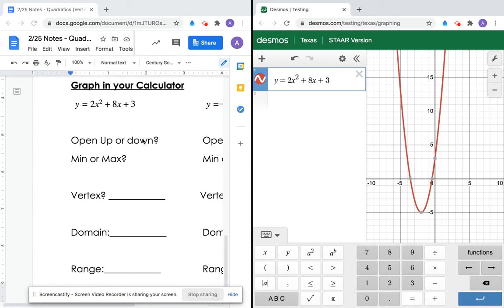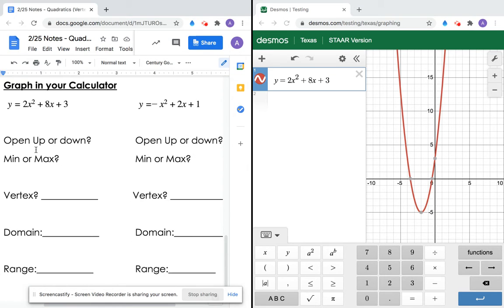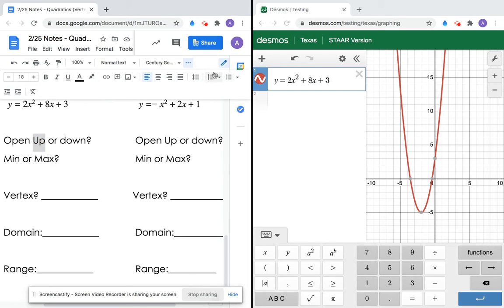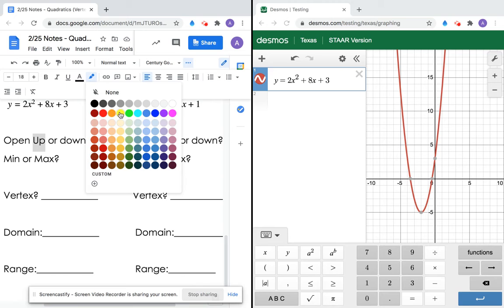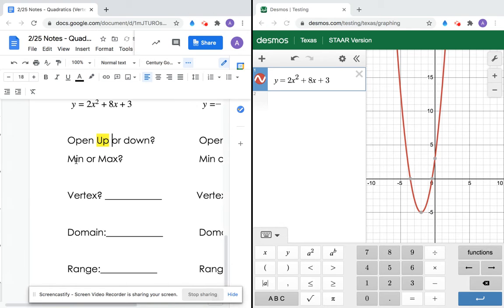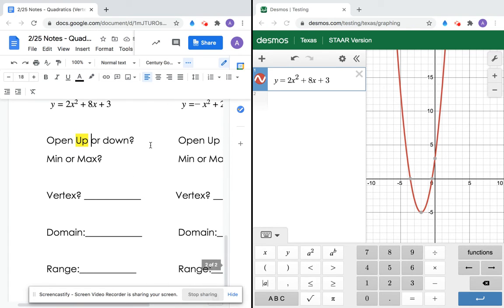So let's go ahead and answer on your notes whether this graph opens up or down. Well, obviously your graph is opening up, so you would highlight, circle, whatever your notes or your assignment is asking. And since your graph is opening up, you want to identify that this is a minimum value.